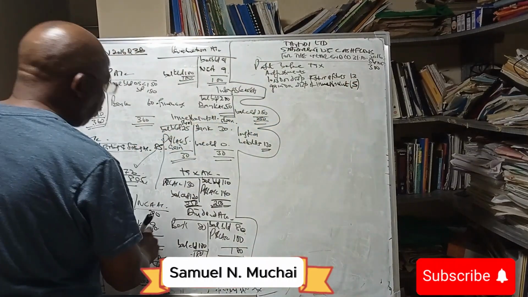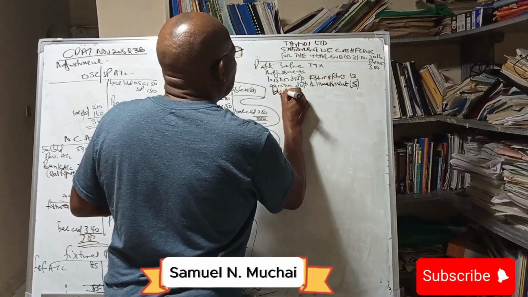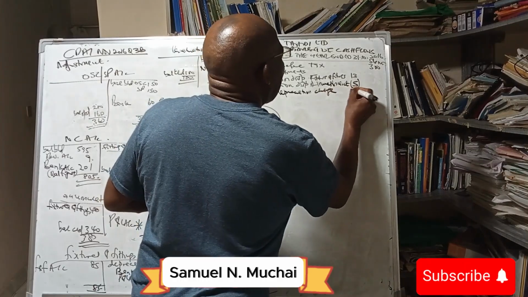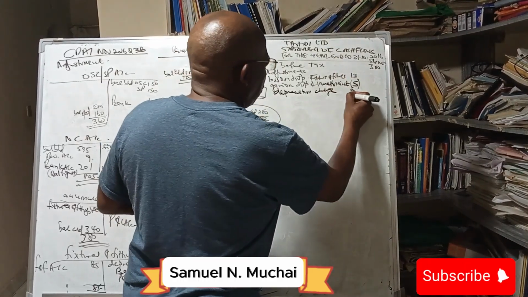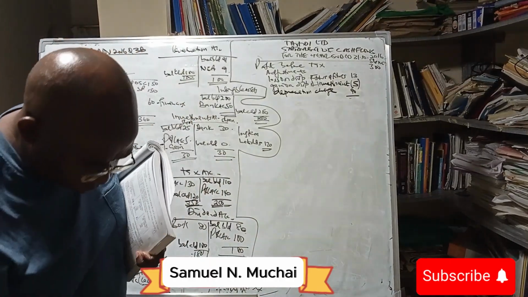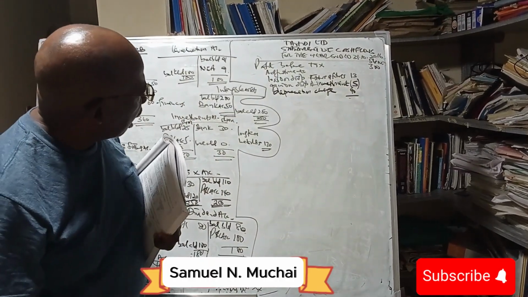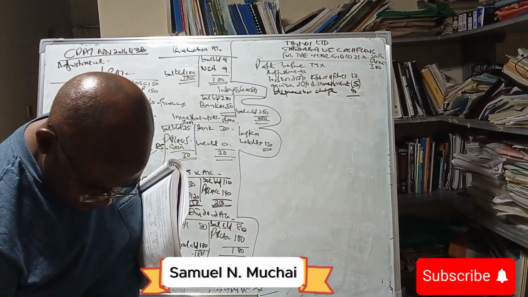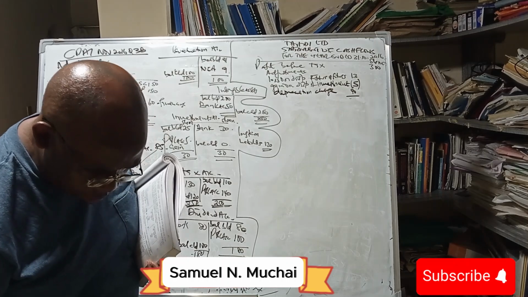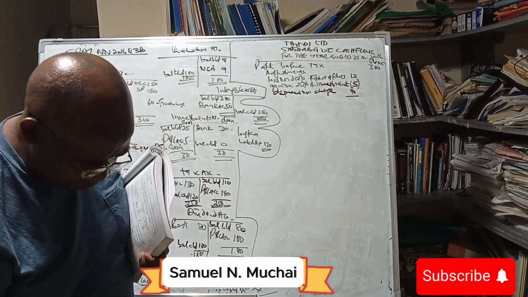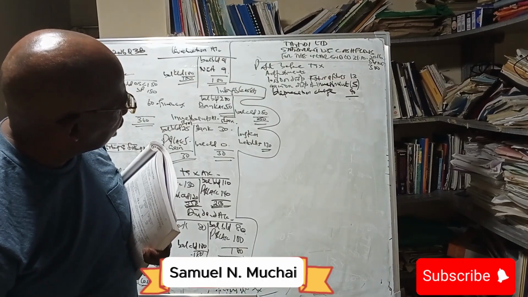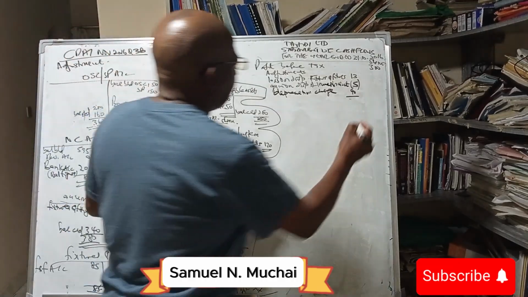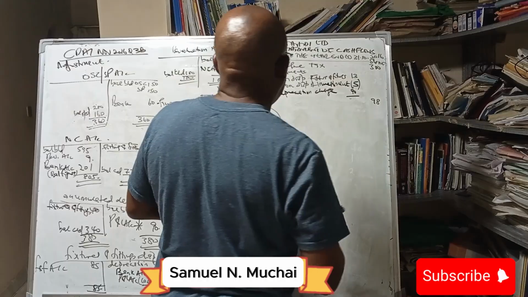Now, depreciation charge of 90, we had subtracted, so we add. Our items are 13 plus 90 minus 5, and we get a figure of 98. We write it there, 98.